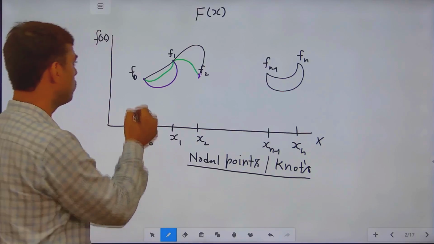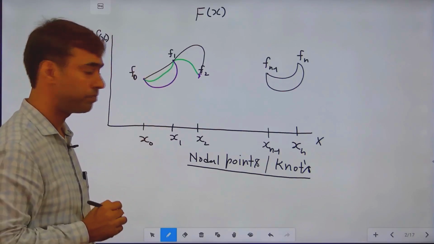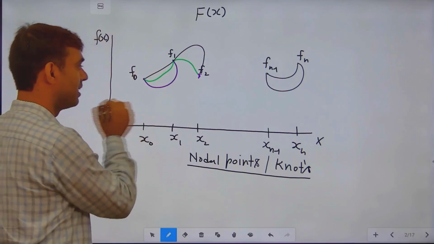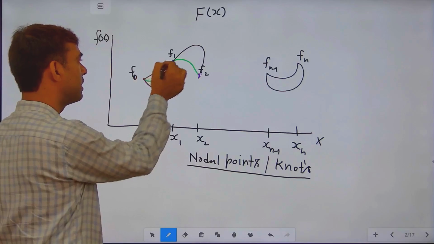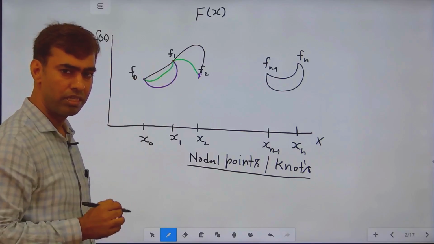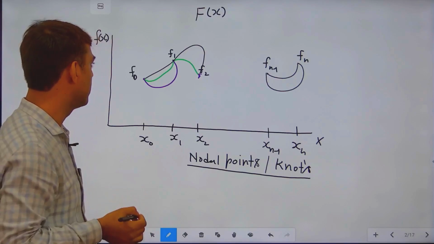So if we have two values, then we are only able to fit a polynomial of degree 1. But if we try to fit a polynomial of degree 2 between two known values, then some extra information is needed. What is that information?